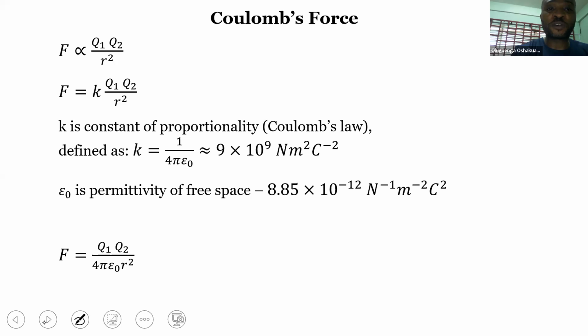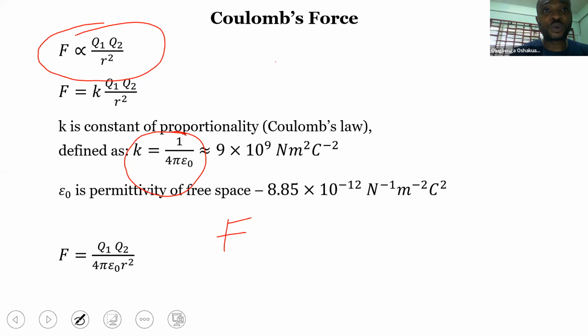There is also a constant of proportionality, which is called K. So F is directly proportional to Q1 Q2 and inversely proportional to R squared. Then we introduce a constant of proportionality, defined as 1 over 4 pi epsilon naught, where epsilon naught is the permittivity of free space.